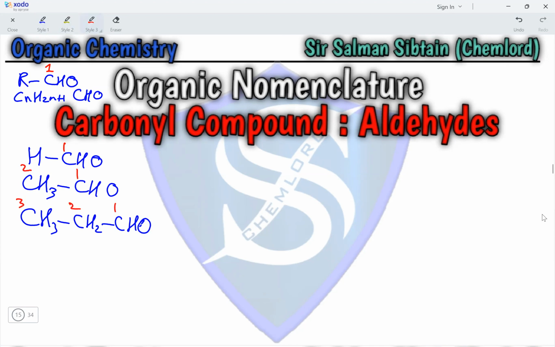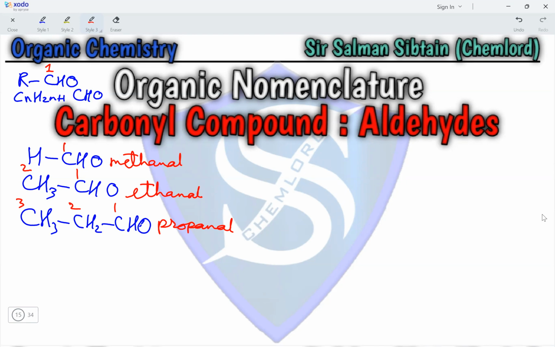So the name of these compounds would be, in the first case, methane, METHAN. We remove the E and we add AL, called methanal. The next compound would be called ethanal. The next compound would be called propanal. Next would be called butanal, followed by pentanal, followed by hexanal, so on and so forth.